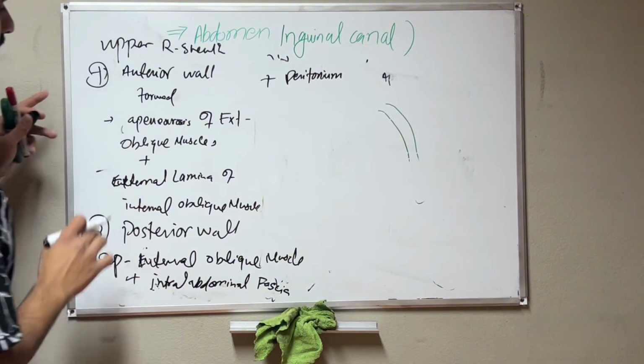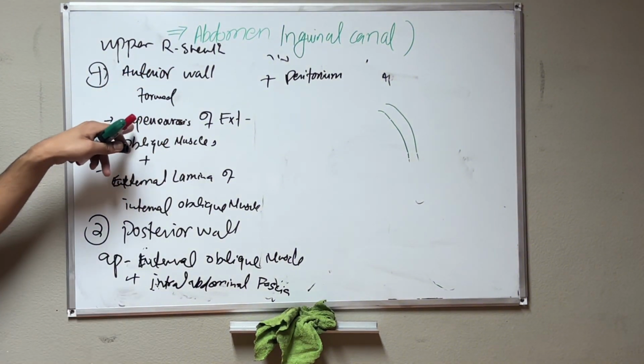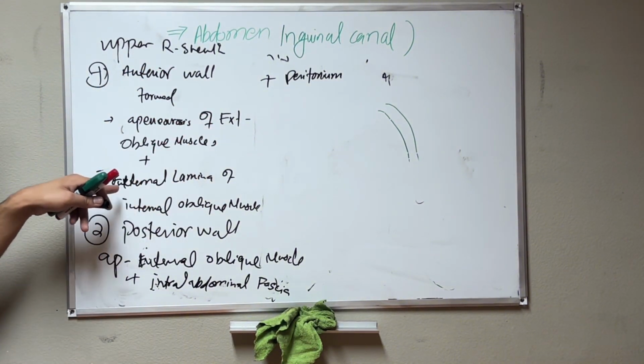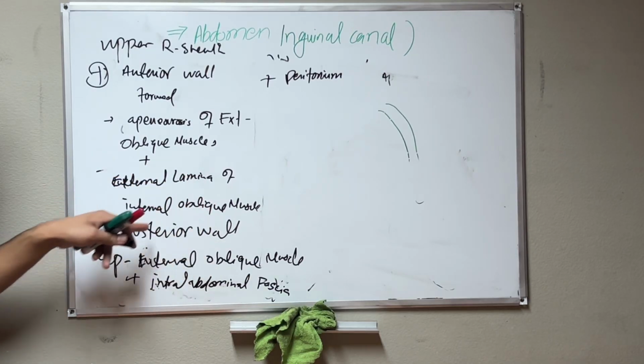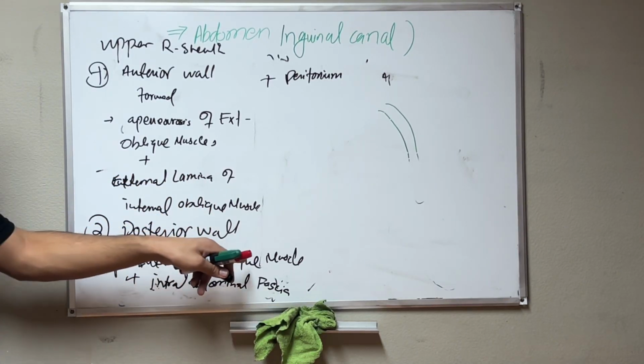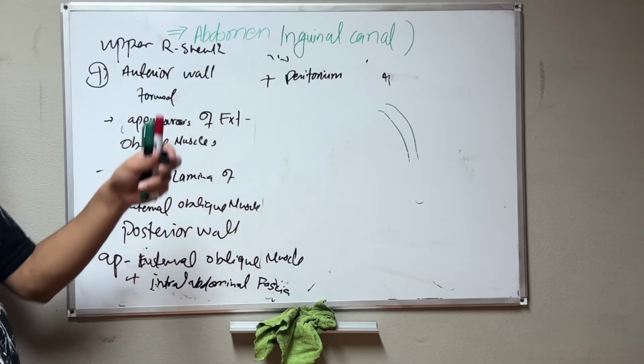These are the upper part of the rectus sheath. The anterior wall is formed by the aponeurosis of the external oblique muscle plus the external lamina of the internal oblique muscle. The posterior wall is the aponeurosis of the internal oblique muscle plus the intra-abdominal fascia plus the peritoneum.